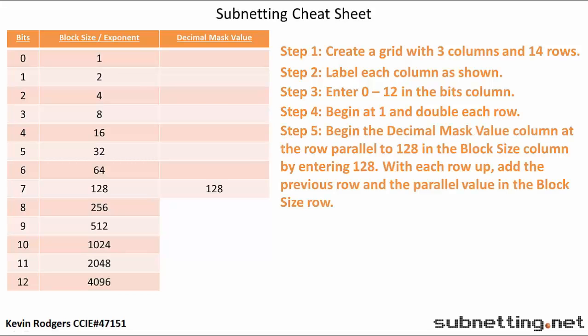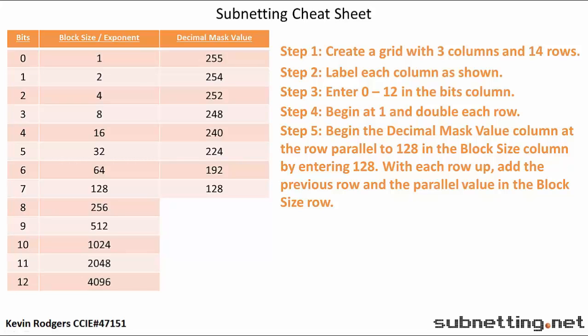From there, we take the value in the previous row and add it to the next value in the block size exponent row. In this case, we'll take 64 and add it to 128, which equals 192. Then 32 and 192 is 224, 224 and 16 is 240, 240 and 8 is 248, 248 and 4 is 252, 252 and 2 is 254, and finally 254 and 1 is 255.